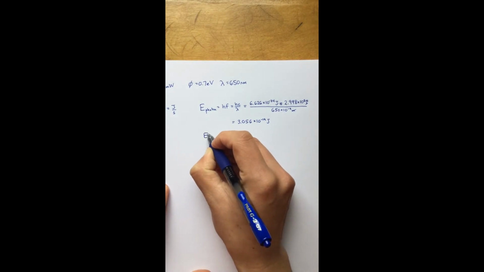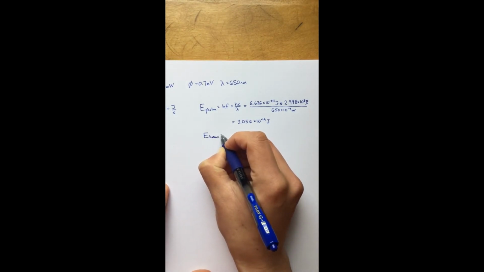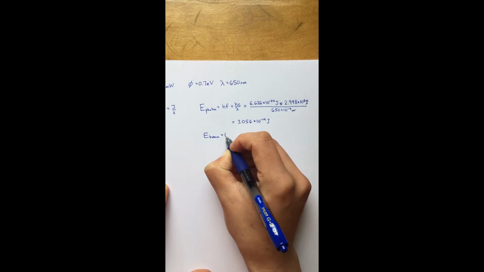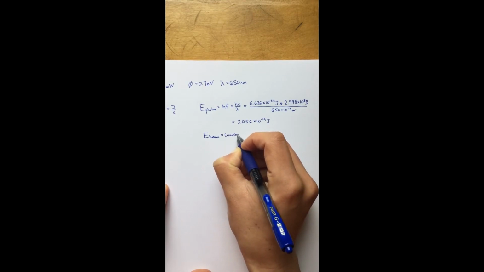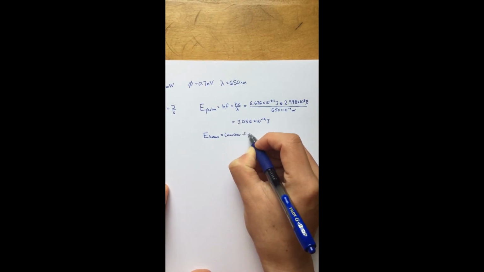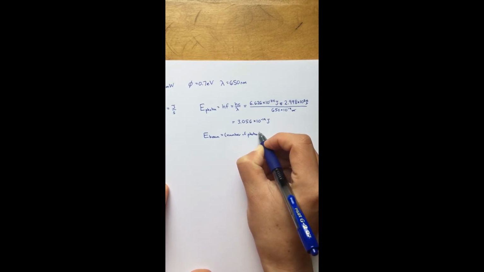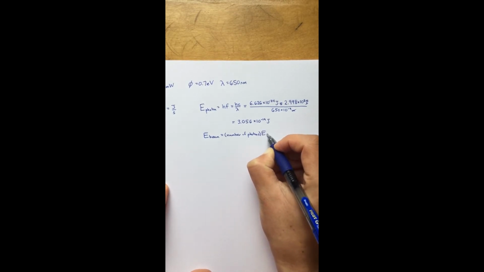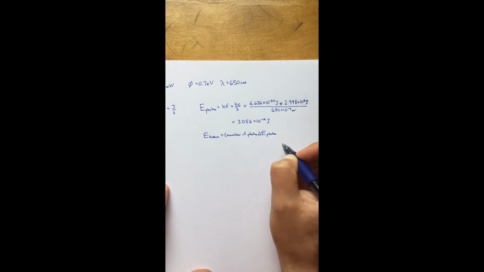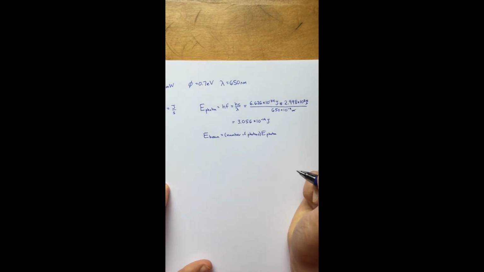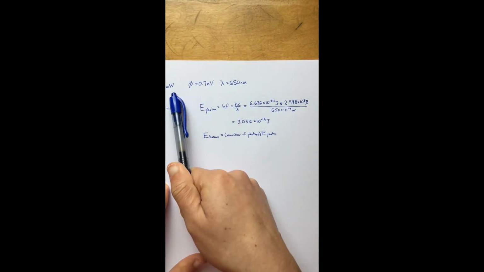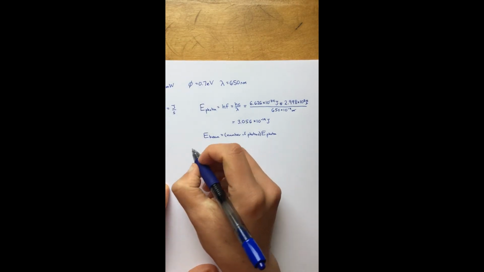The energy of the beam is equal to the number of photons in the beam times the energy of a photon. So the whole beam has a power of 190 milliwatts.